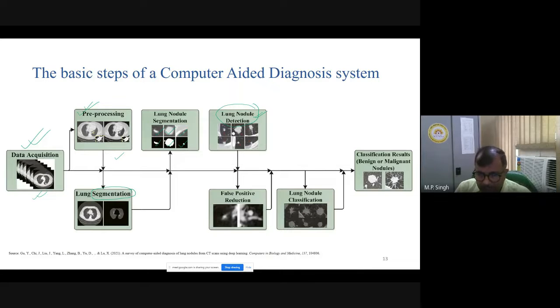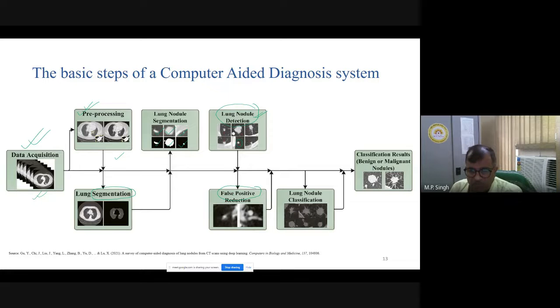That can be done by reducing the false positives. False positive means some images may look like a nodule, but are not actually nodules. Maybe it is some other tissue and your system is detecting it as a nodule. So that is basically the false positive.